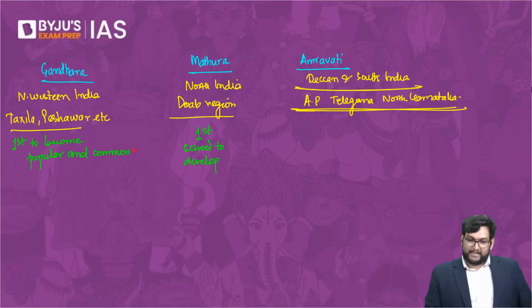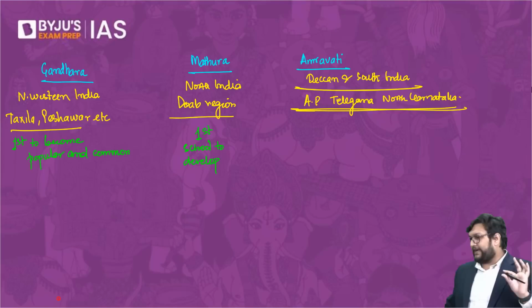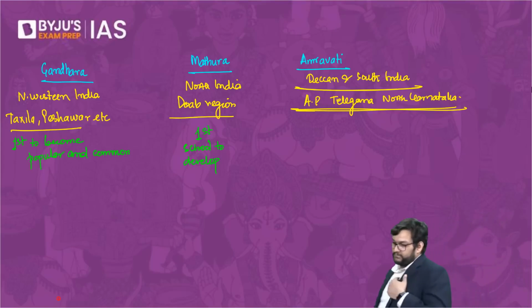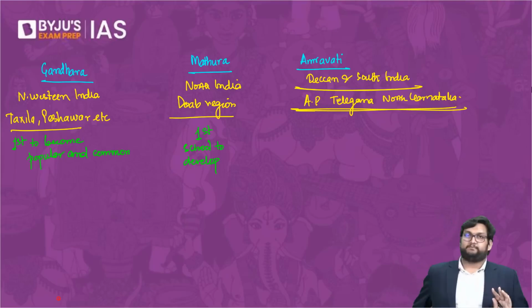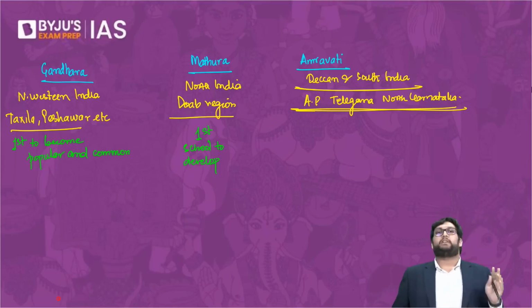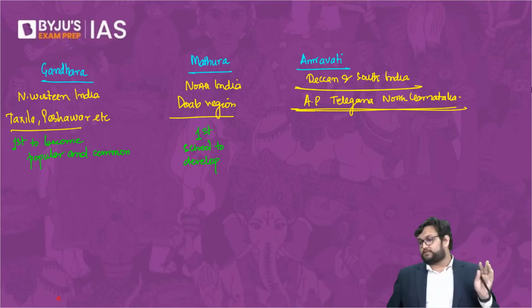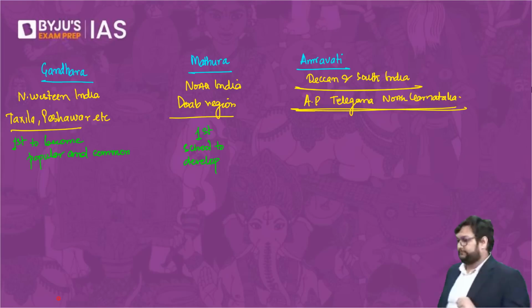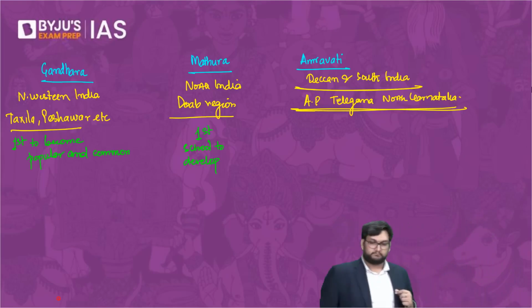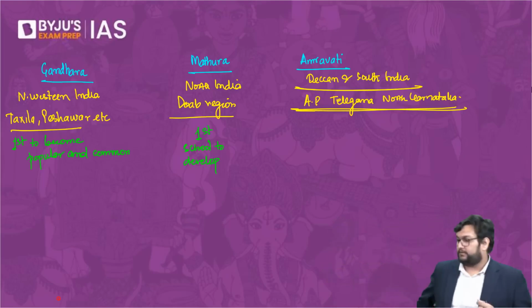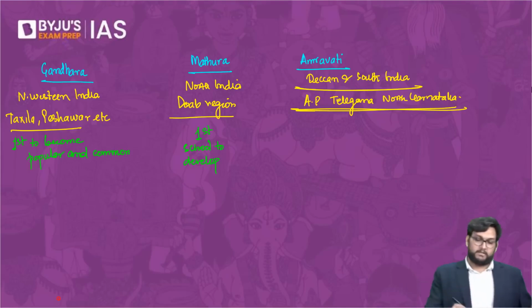And Gandhara, by now, you tell me one thing. Gandhara's location is northwestern India. Which post-Mauryan dynasty would have the strongest influence on Gandhara, or be influenced by it? Very good.